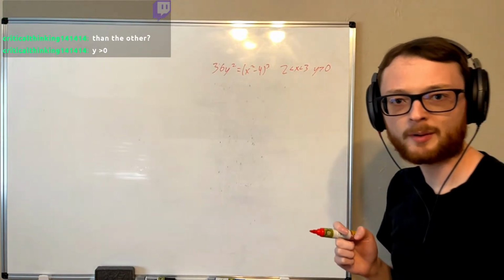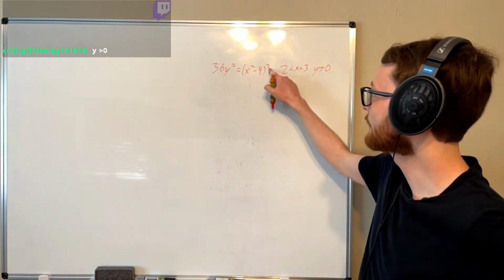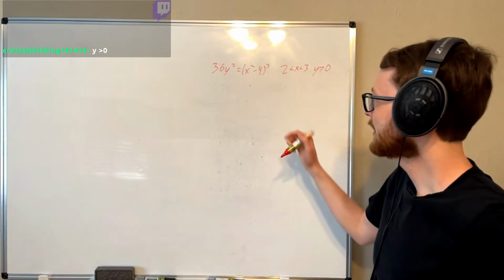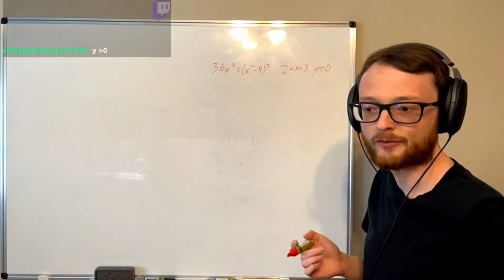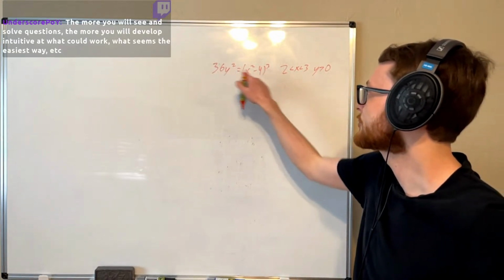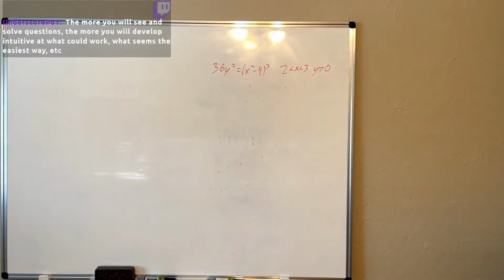So what I was doing in my head that made me think it's not possible is that if you were to multiply out x squared minus 4 cubed, you get some crazy polynomial with x to the 8th, x to the 6th, and it just gets super messy. But you could just cube root each side, add 4, and then square root. It looks messy. y is greater than 0 is just all we get? Okay.